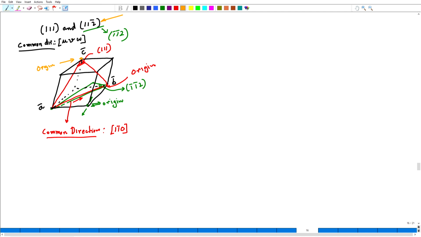That would be clear then, this plane would be intersecting 1 along the x axis, 1 along the y axis and minus half along the z axis, so minus half here. I will get the plane.